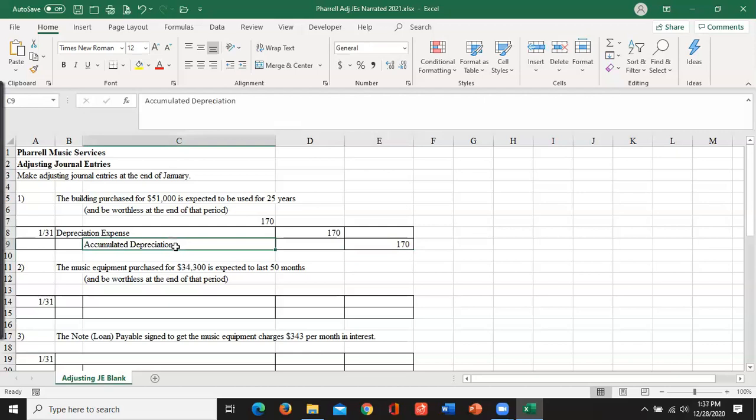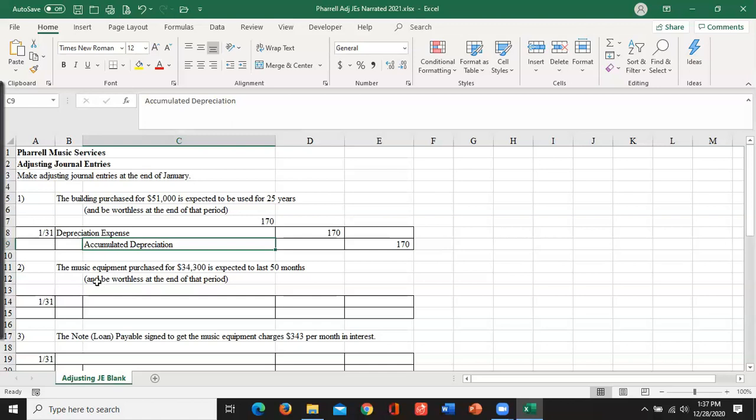Remember, this accumulated depreciation is a contra asset account, meaning if we did our financial statements for January, which we're going to do in a little bit, we're going to take that $51,000 that we purchased the building for, subtract out 170, and that's the amount we still have left to depreciate over the remainder of that asset's life.